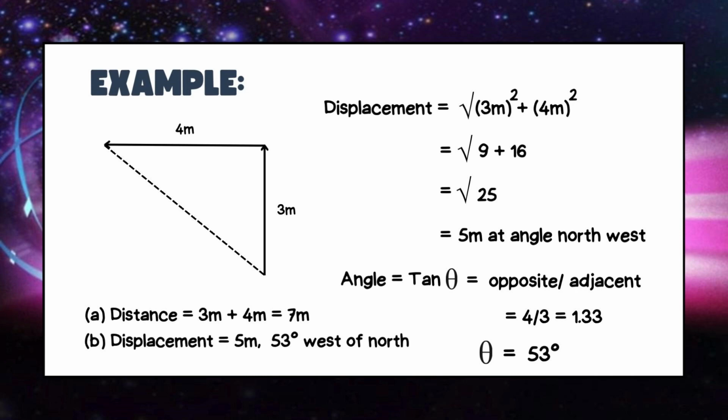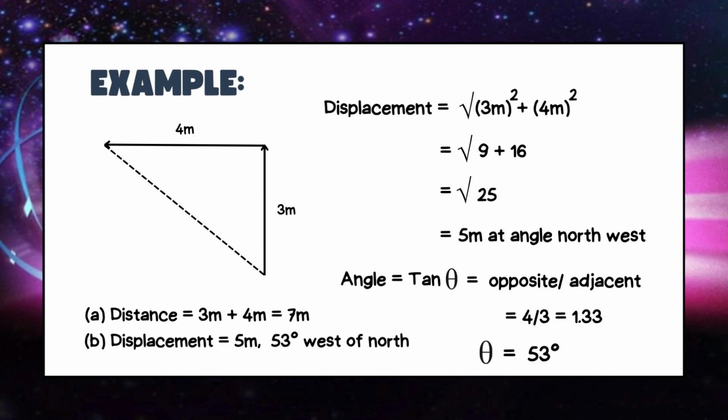Pero hindi pa doon nagtatapos dahil kailangan din natin hanapin ang angle. To find the angle, we will use the abbreviation TOA. The formula means tan is equal to opposite divided by the adjacent. Na-discuss din ito kanina and nire-recall lang natin. So ngayon, isasubstitute natin ang given, 4 divided by 3, which is equal to 1.33.